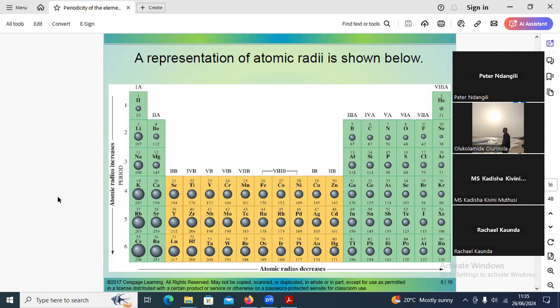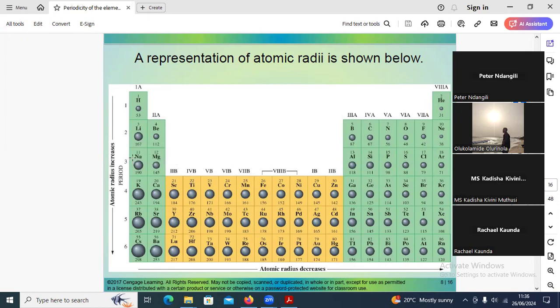So here we are showing the periodic table, and we have values that are showing you an impression of the periodic trends. What you can see here, we have an upper value for every element. The upper value is the atomic number. The lower value here is giving us the atomic radius.